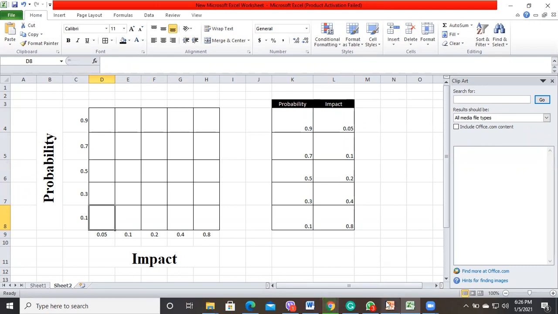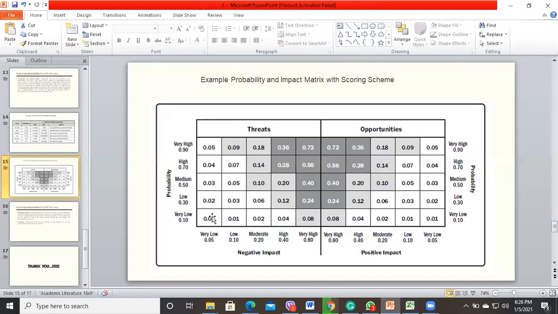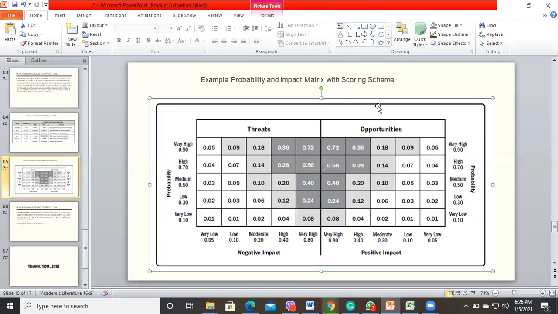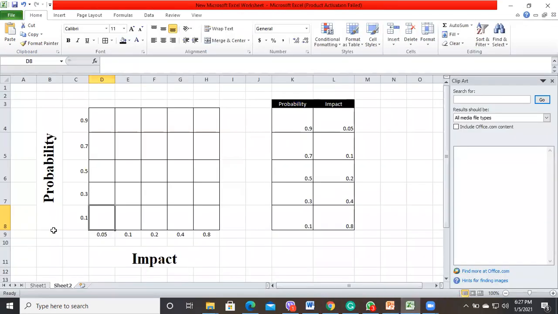This is here. It looks like this. Here some scores are available. No, that's a scoring scheme. Okay, we are going to prepare such a scoring scheme, known as a probability and impact matrix. So we are just going to put some scores. Okay, I will show you how to do that.